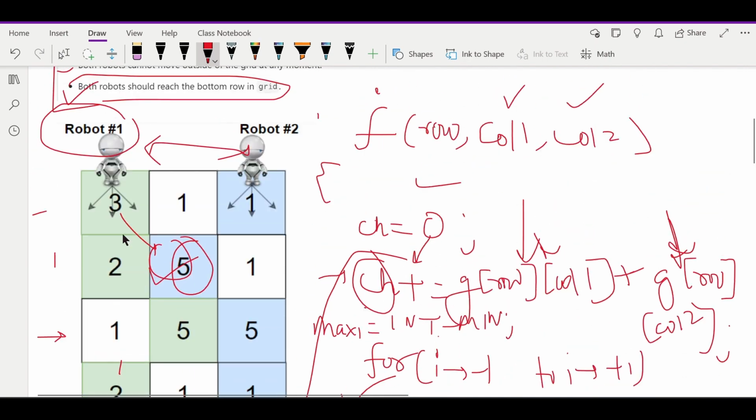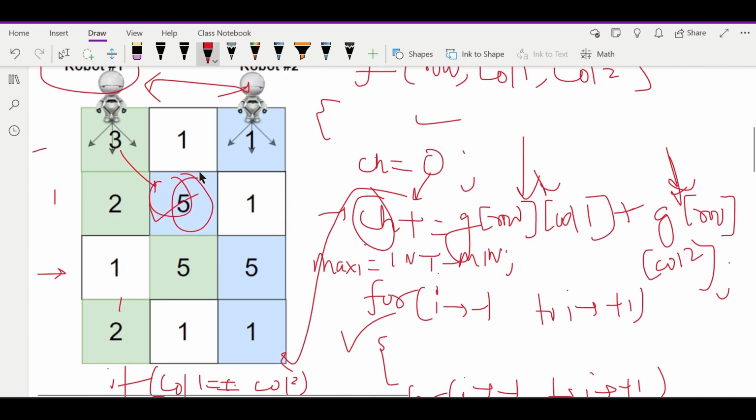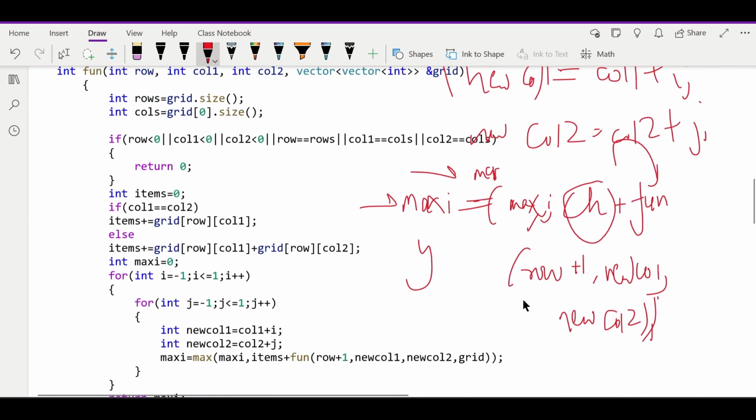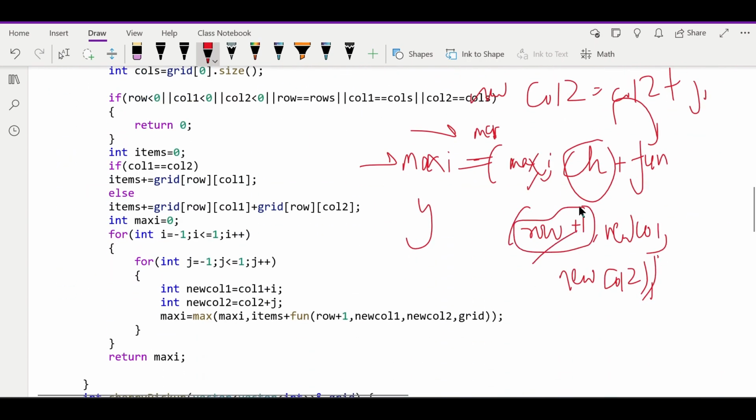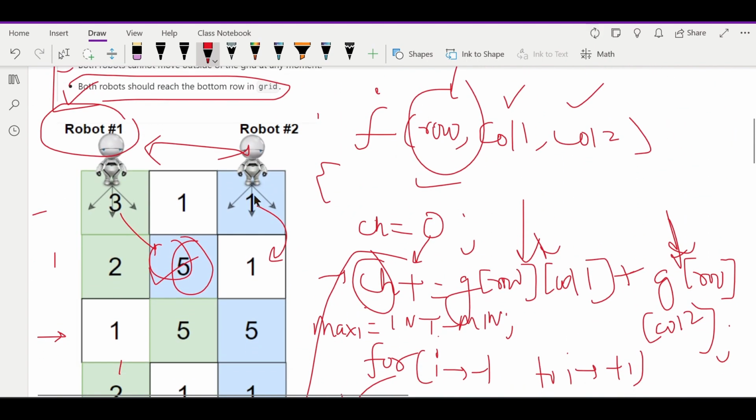We will say, if column 1 equals column 2, if both the robots are in the same column, they would automatically be in the same row. I have taken that into account by increasing the row only once for both the robots, keeping the row the same for both. Just clear it out. What you have to check is whether the column is the same.